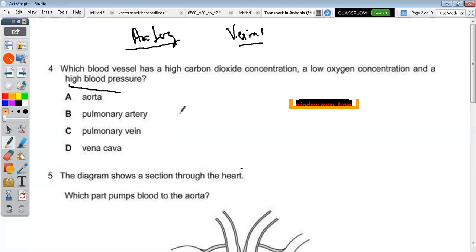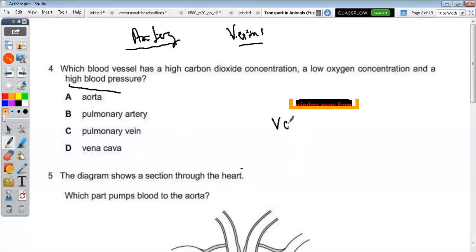If you check your notes that you wrote, that maybe means you're not reading. Nyasha, what did we say? Between the veins and the arteries, where is blood pumped under high pressure?